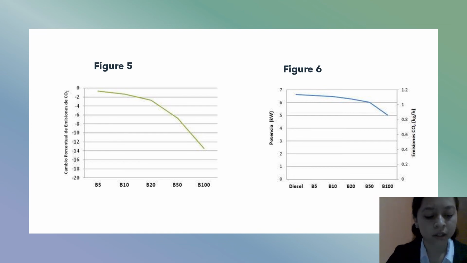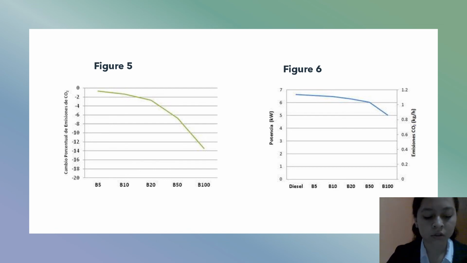Figure 5 shows the percent variation of CO2 emission obtained from B5 to B100, with a reduction ranging from 0.7% to 3.5% respectively.